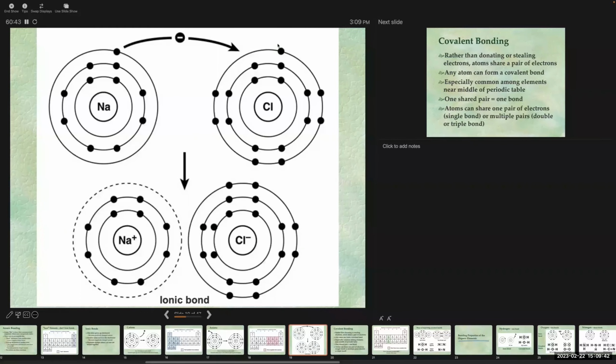Chlorine is happy to accept that electron, and it now becomes a negatively charged anion. But then the opposite charges, the difference in charge between the positively charged sodium and the negatively charged chlorine, attract them together, so they're held together to form what's called an ionic bond, a bond between ions of opposite charge.